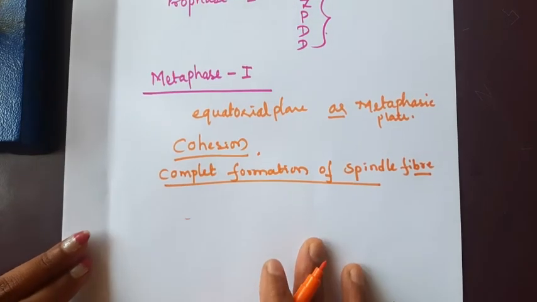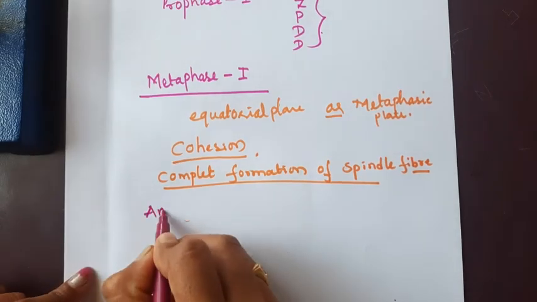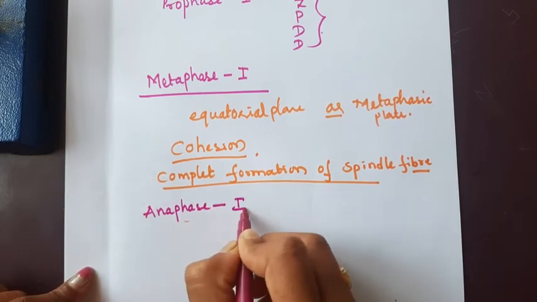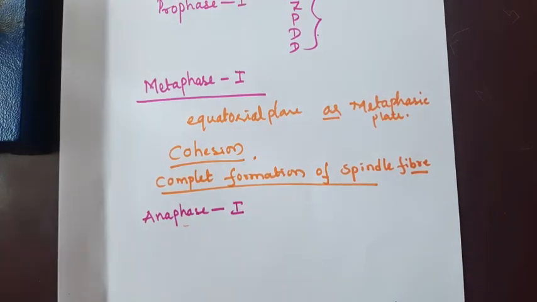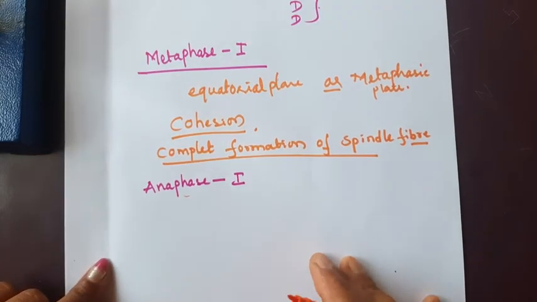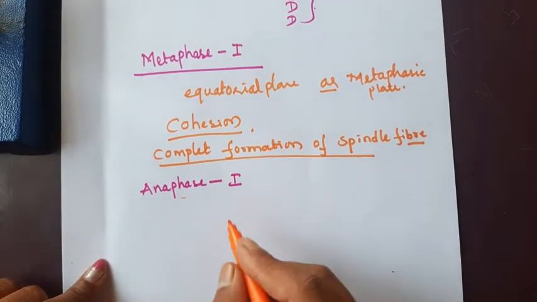Then after metaphase, the next step is anaphase. This anaphase is also the same as in the case of mitosis. Then here also we can say that the homologous chromosomes get separated.